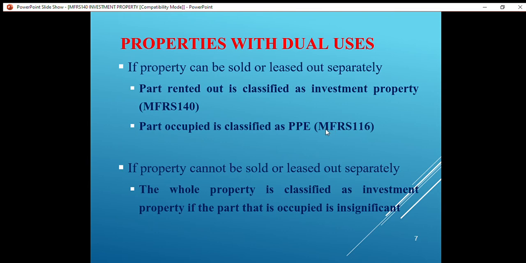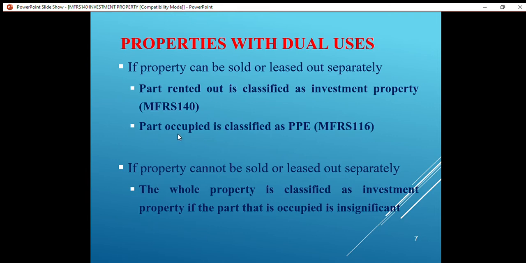Right? So if the property can be sold or leased out separately, we can just classify the building separately. The part which is used for rental, we classify it as investment property, and the portion that is occupied as administrative office, for example, should be classified as non-IP or as PPE under MFRS 116.